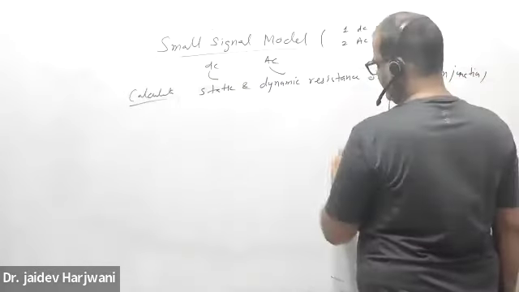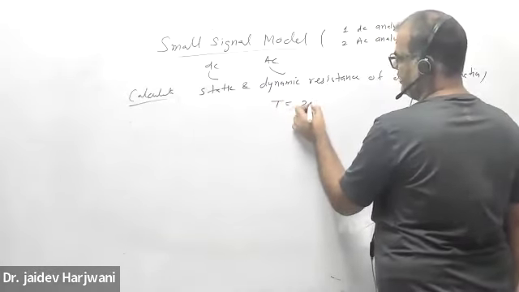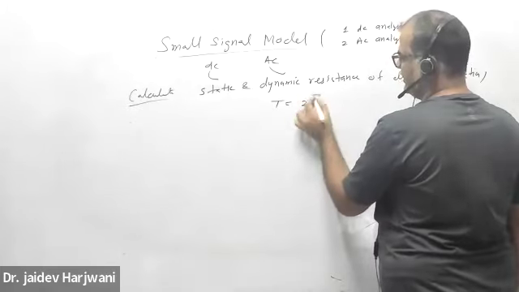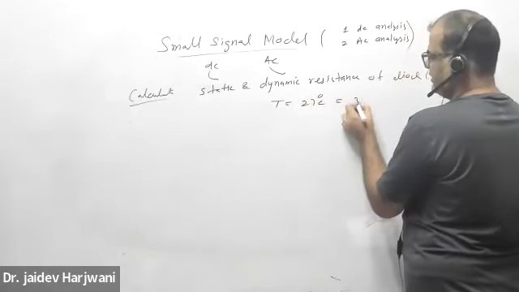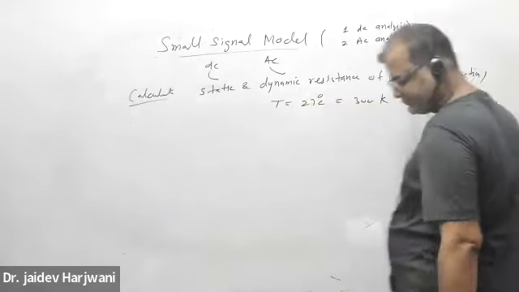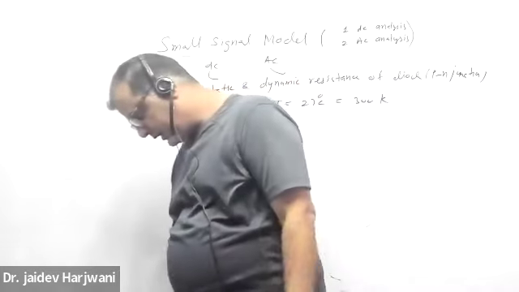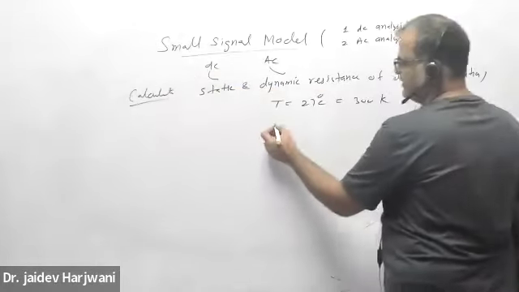and for that you have been given temperature is 27 degrees centigrade, that is 300 Kelvin. Okay, and reverse current is given, IS.